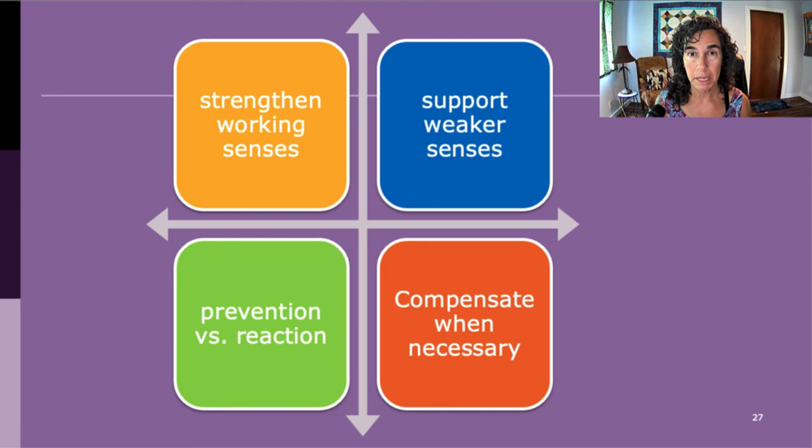So if we can identify what those may be and help that child prevent situations where they're going to be super uncomfortable or feel like they're in pain or not at ease, that will go far in terms of getting them to buy into therapy, getting them to trust, and actually moving their skills forward. I hope that made a little sense. We'll talk more about it and bring your questions to class.